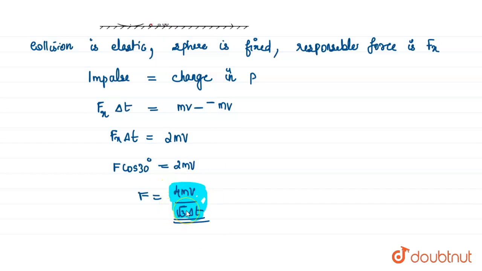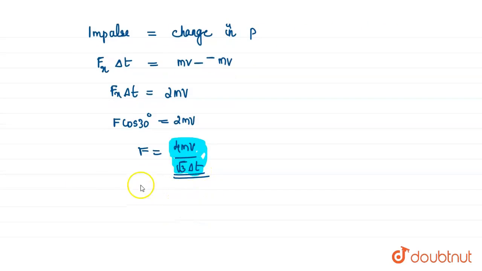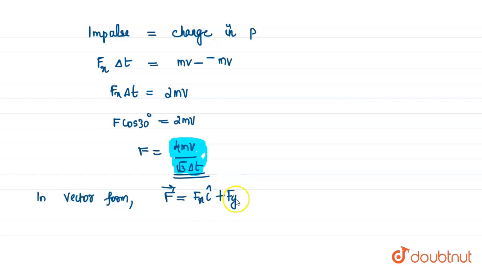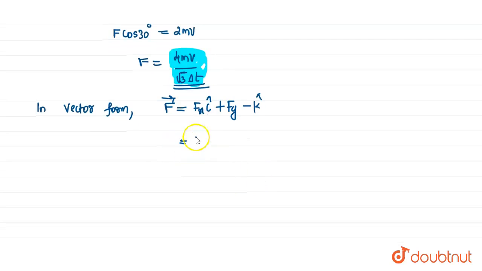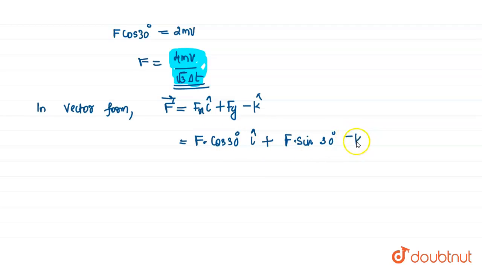Next one is the normal component. This is the force. Then we can find it in vector form. F vector equal to Fx i cap plus Fz, which is in the minus k direction. So we can substitute Fx equal to F cos 30 degree into i cap plus F sin 30 degree in the direction minus k cap. We can take F common.